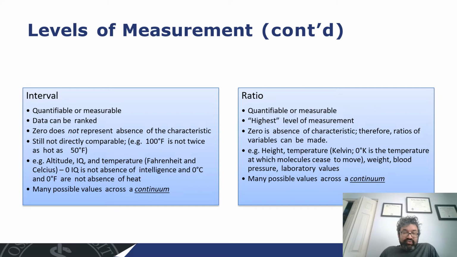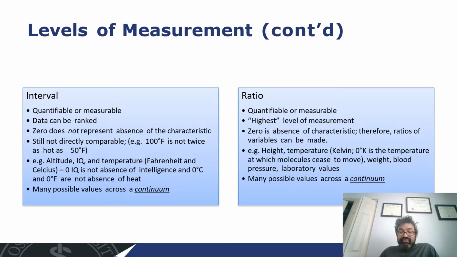In interval, you have data that can be ranked, but 0 does not represent absence of the characteristic. Like intelligence quotient, altitude, temperature, with possible values across a continuum, can all be interval data. And then ratio, it's a quantifiable and measurable product.